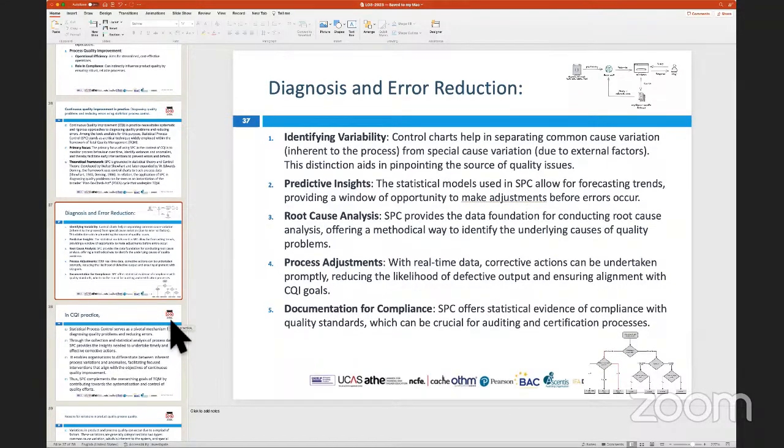Some of these are also used to make adjustments and to develop what is called root cause analysis, which is to find out the underlying reasons why this particular process or defect is happening.